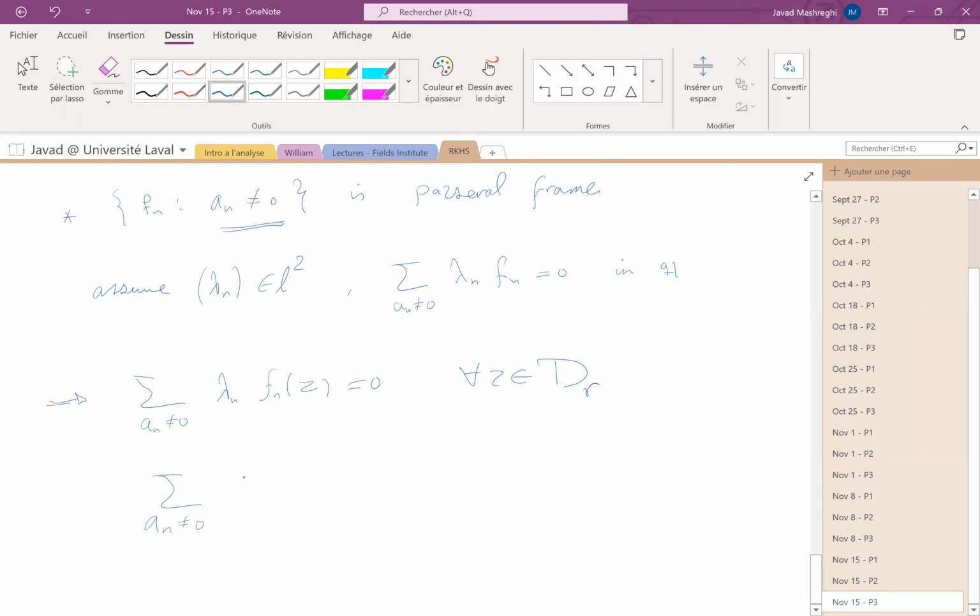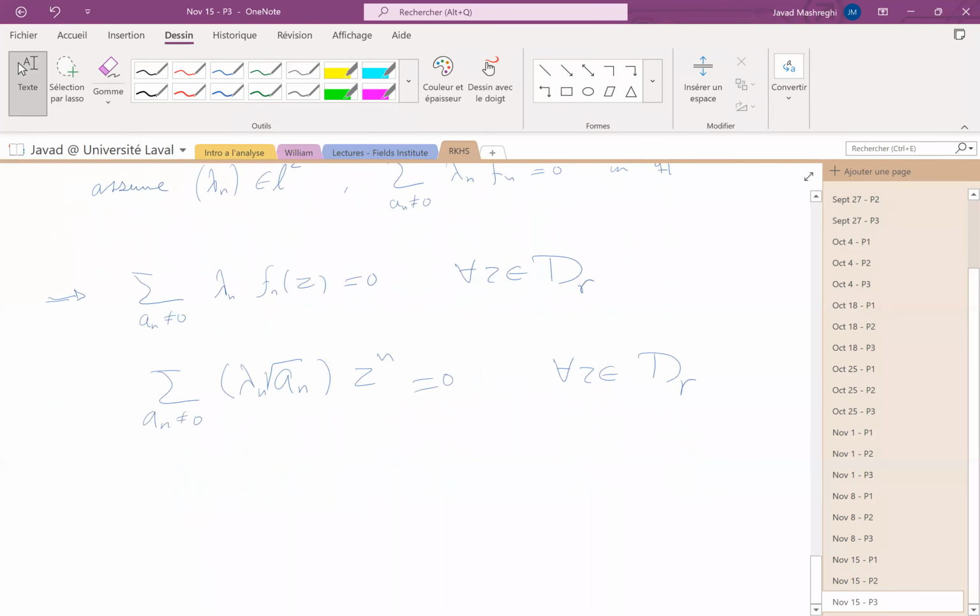Sum over An not equal to 0, lambda n an root of this Zn equal to 0 for any Z in the disk. And now we use our knowledge of complex analysis. On a disk, we have a series which is identically 0 for any Z. So this implies that all the coefficients are 0. Lambda n root an is equal to 0.